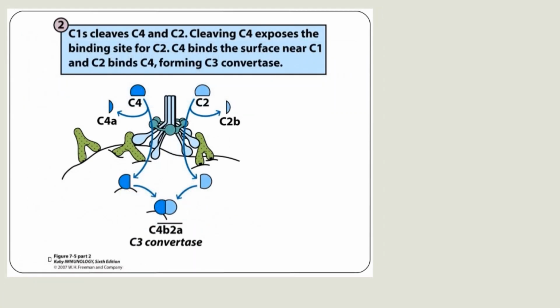In the second step, C1s cleaves C4 and C2. Cleaving C4 exposes the binding site for C2. C4 binds the surface near C1, and C2 binds C4, forming C3 convertase. So in this second step, C3 convertase will form.